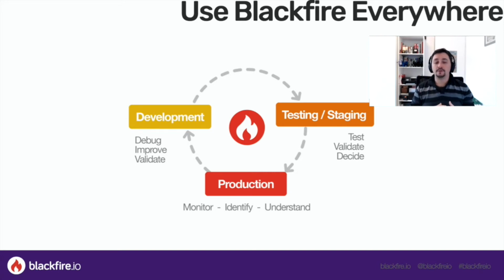Now, once you have done that, the cool part is that Blackfire is also built to be used in development, so that on your local development machine, you can have a copy of the code that is in production and reproduce the issue. Whenever you iterate and try to optimize your code, you can measure the new version of the code again and compare it versus the previous one.